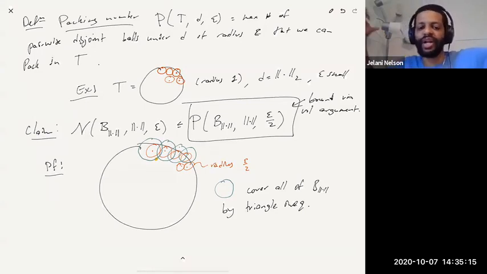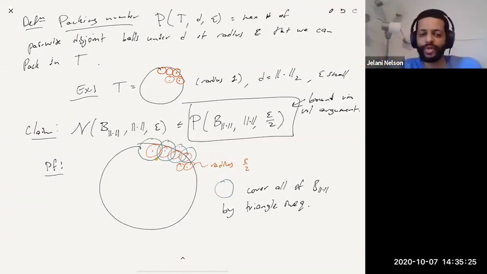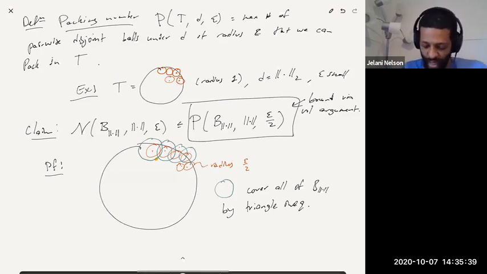So you have a bunch of disjoint red balls of radius epsilon over 2 contained in a larger ball of radius 1 plus epsilon over 2. So just by comparing volumes, you can say there can't possibly be too many of these red balls. Otherwise, I would have too much volume. That wouldn't fit in the larger yellow circle.